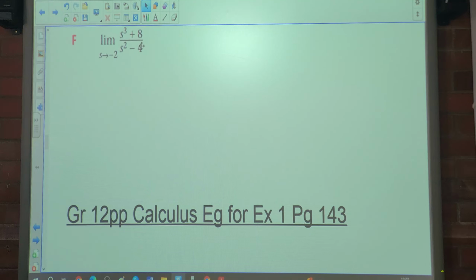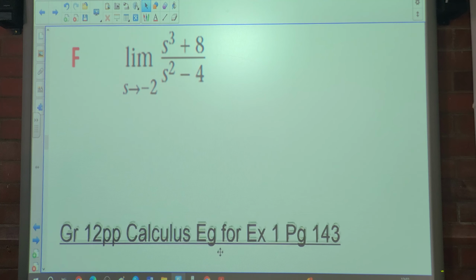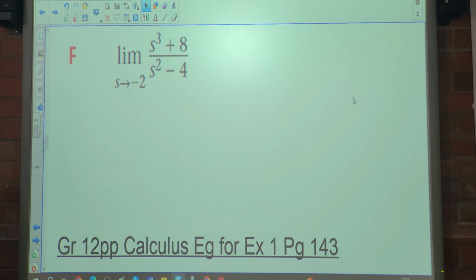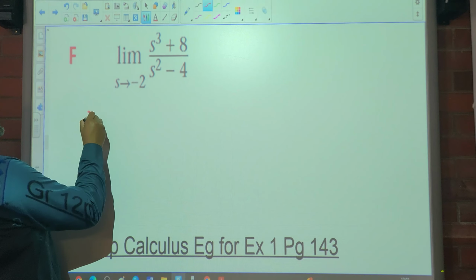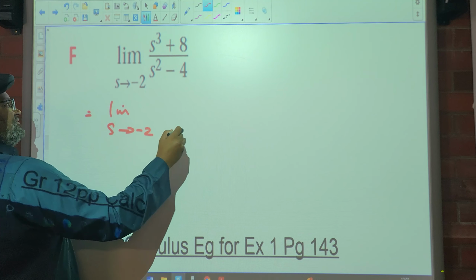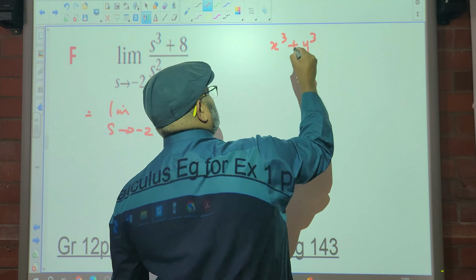Do you remember how to factorize the difference of cubes? If I substitute negative 2 into s, what's going to happen? Undefined, so I must factorize. So we have the limit as s approaches negative 2. I'm just going to give you a refresher here.